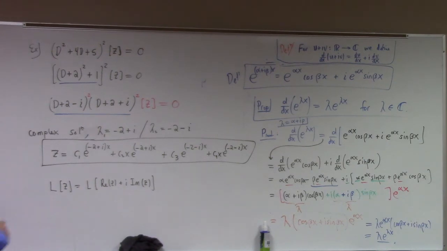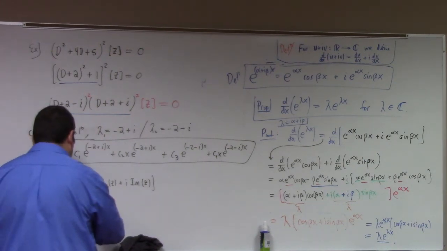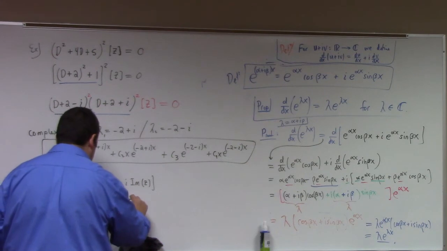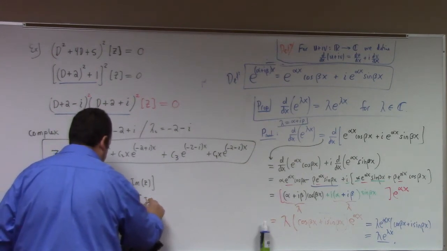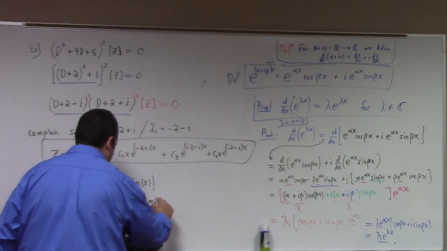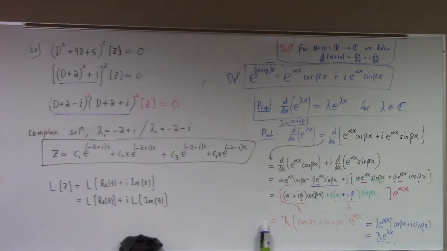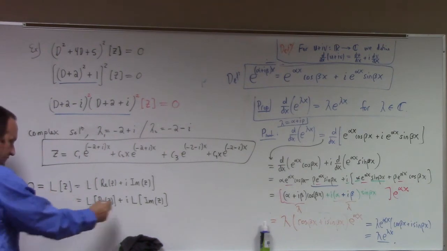I get that this is L acting on the real part of Z, and the I pulls out because it's a constant, L acting on the imaginary part of Z. Now, if we've constructed Z to solve L of Z equals 0, then we have that 0 is equal to this.